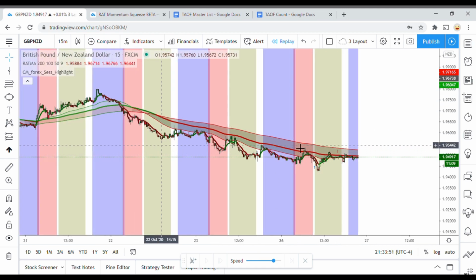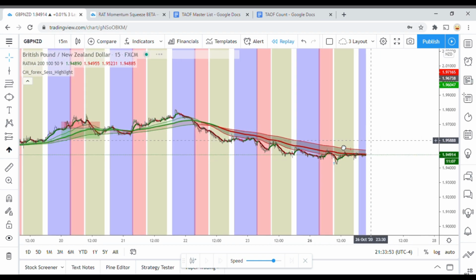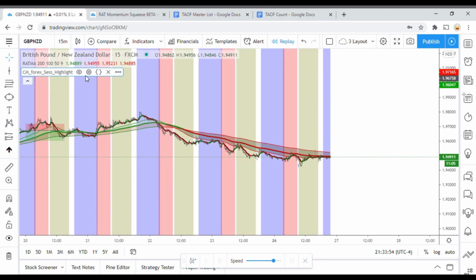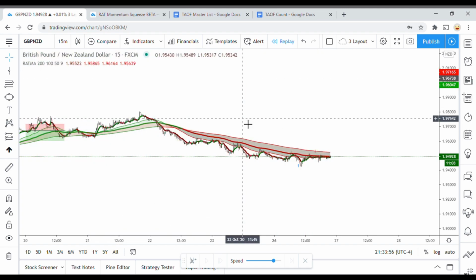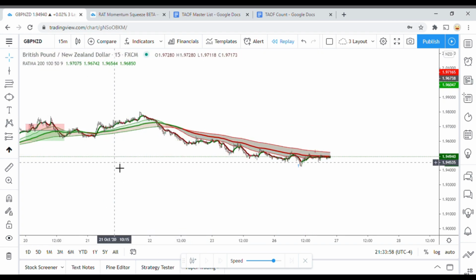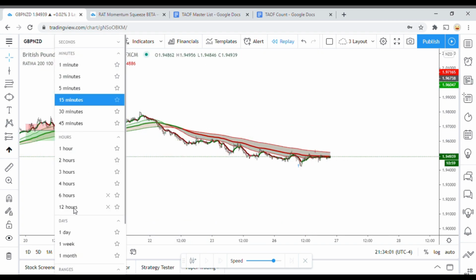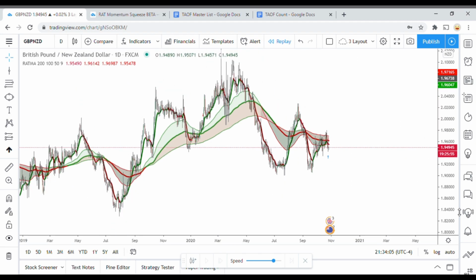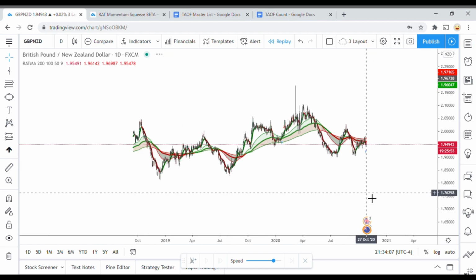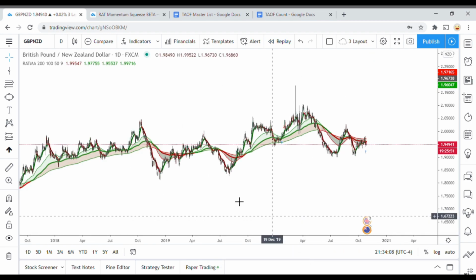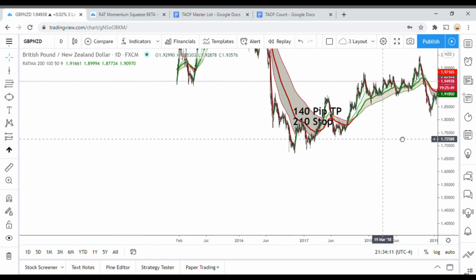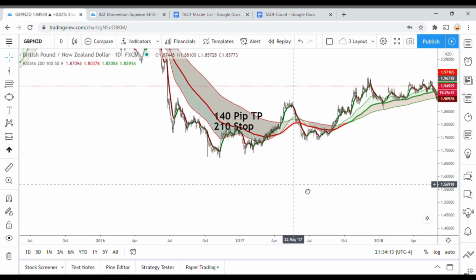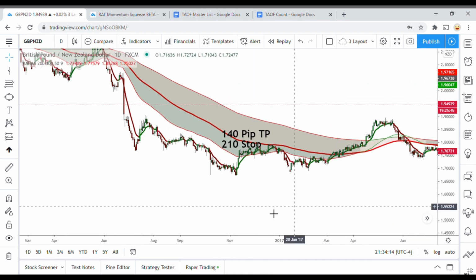Other than that, those are pretty much all you have as far as your Forex trading times. It doesn't get much more than that. I messed up the replay function here. I have to go back in and reset it.